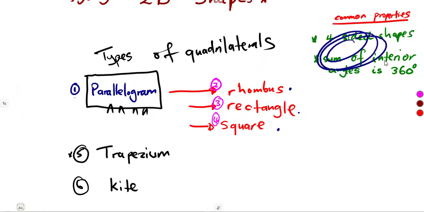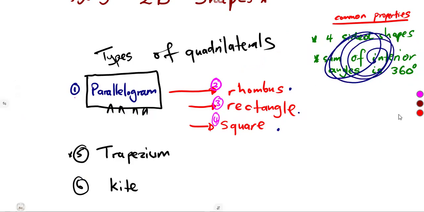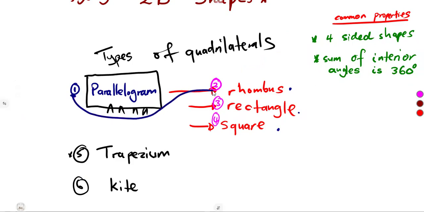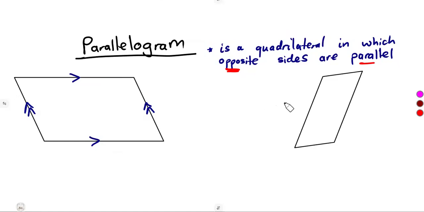But under a parallelogram, the property that we just mentioned will follow the rhombus, the rectangle, and the square. That is what the mother gives to these other shapes.